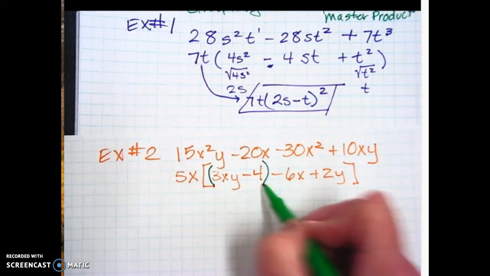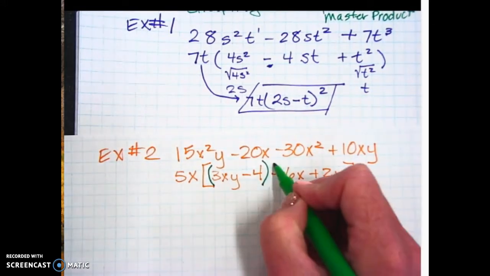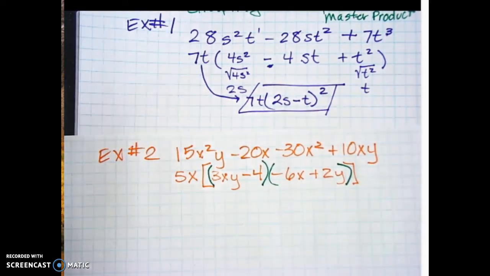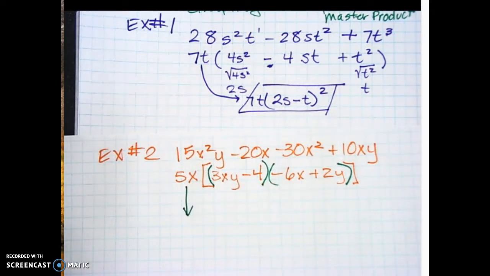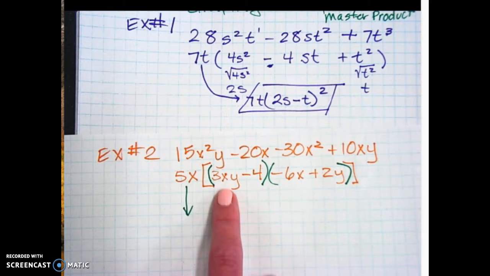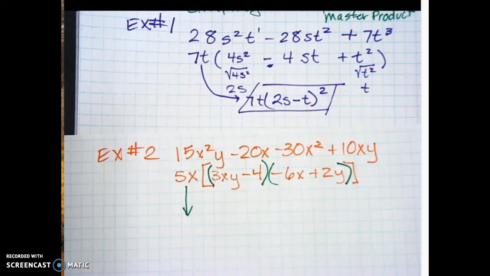We're going to group those first 2 terms together, and we're going to group those second 2 terms together. Okay? I know eventually I'm going to need to bring down that 5x, right? Is there a GCF with the first 2 terms? There is not.